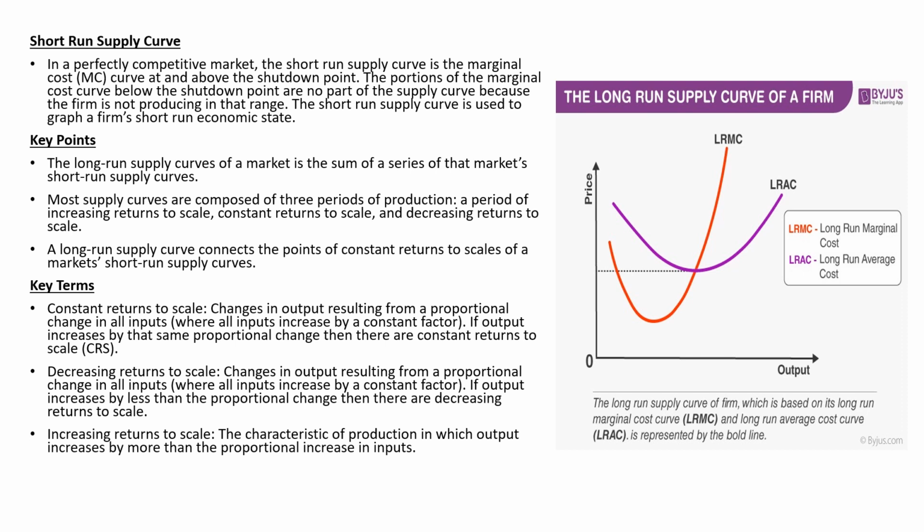And then there are increasing returns to scale, where output increases by even more than the proportional increase in inputs. So you double the inputs, for instance, and you get like 6 times the output. So that's the increasing returns to scale.